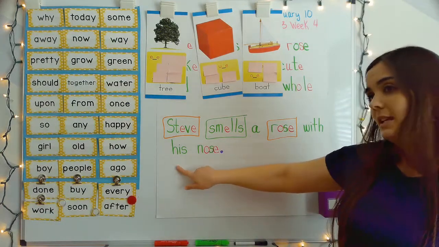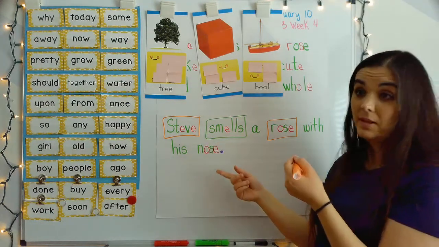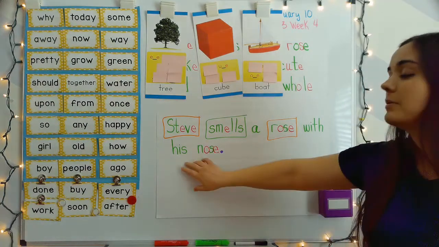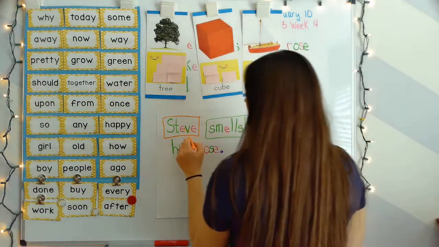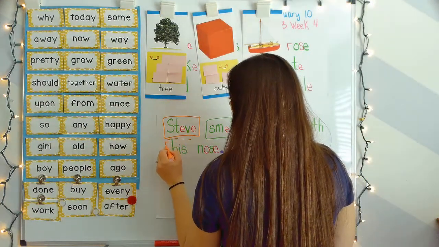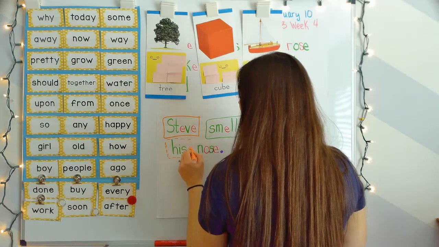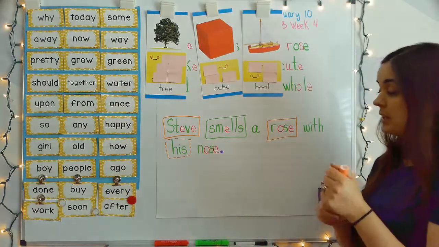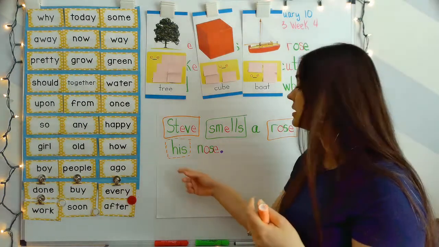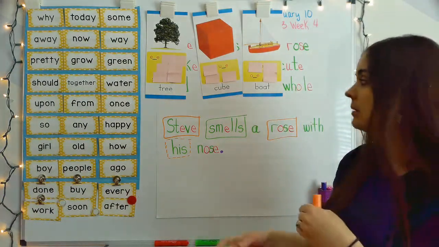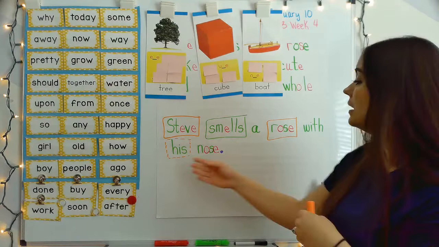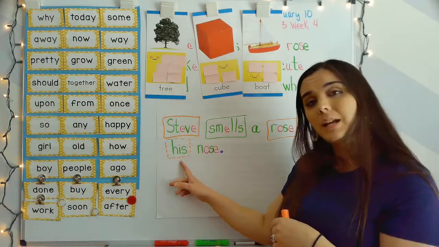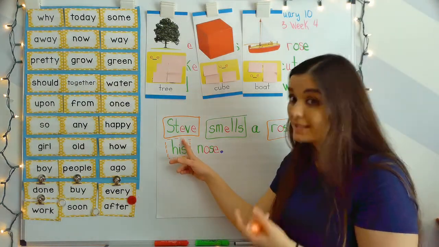His. Just like yesterday in our sentence about Steve, our pronoun was the word he. Our pronoun in this sentence is the word his. And so we talked about how a pronoun is just a word that takes the place of a noun. So Steve smells a rose with his nose. Instead of the word his, you could put the word Steve's.